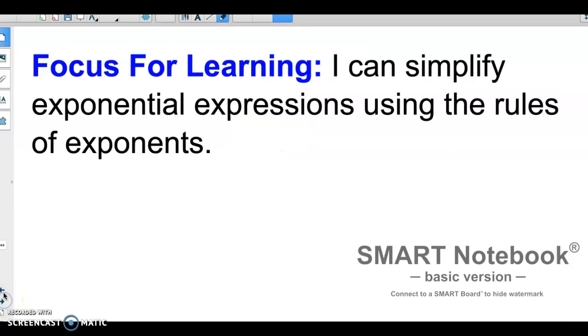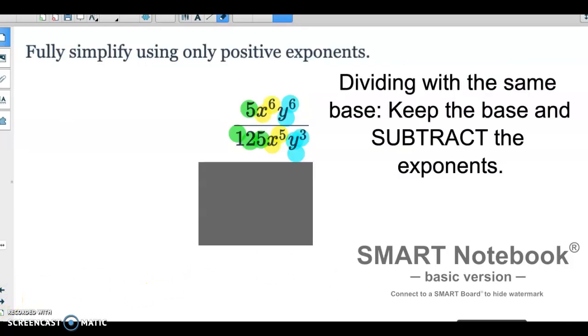All right, I think this is the last problem. Yep. So again, same type of thing, fully simplify using only positive exponents. 5x to the 6th y to the 6th over 125 x to the 5th y cubed. So same rule. We're going to look at it piece by piece. So we're going to look at the green piece, which are our coefficients, the yellow pieces, which are our x values, and then the blue pieces, which are our y values.